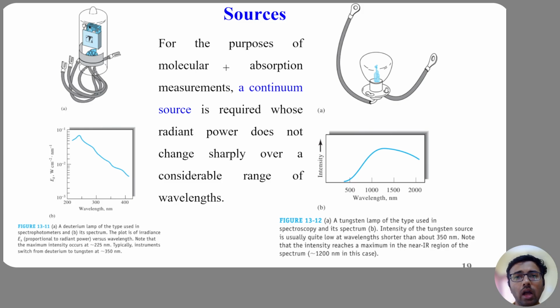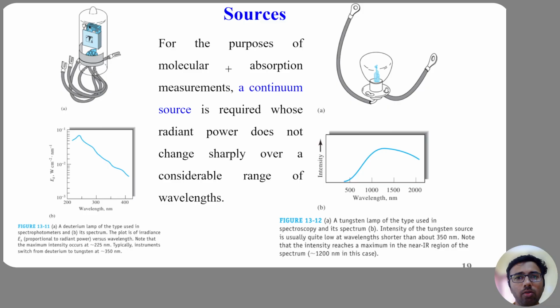We measure how intensity changes after passing through a sample. If the source intensity fluctuates sharply, we cannot distinguish: is the dip caused by absorption or by source instability? Therefore, a smooth spectrum output is essential.